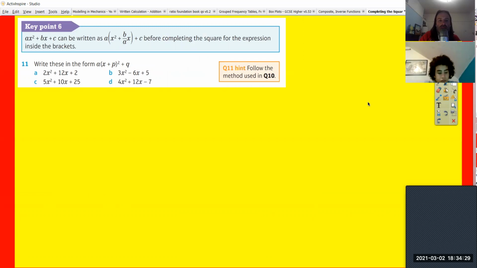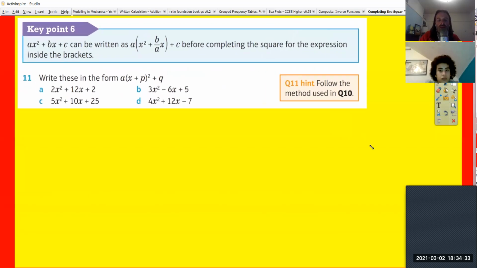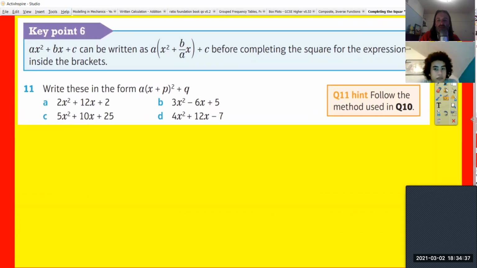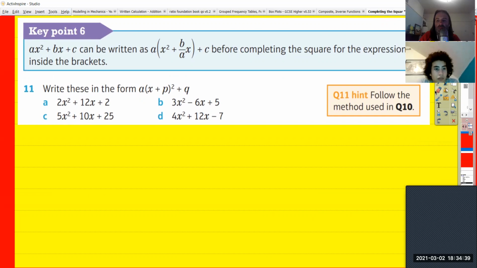All right, let's try the first one. 2x squared plus 6x plus 2.